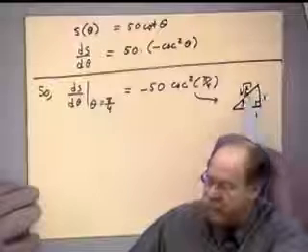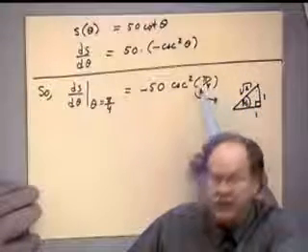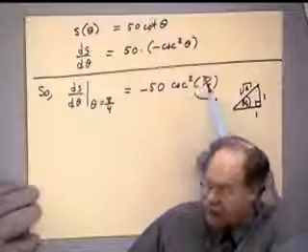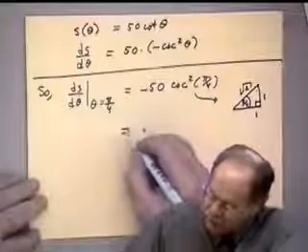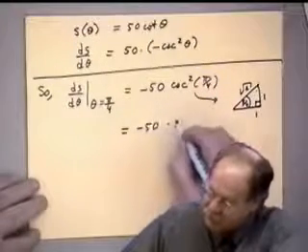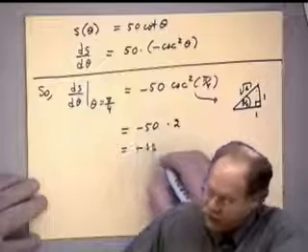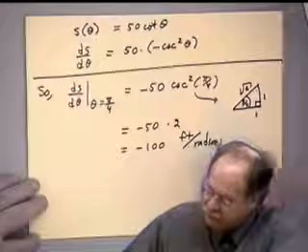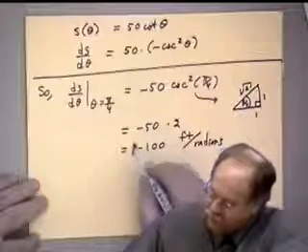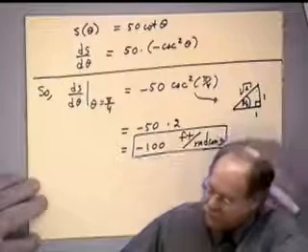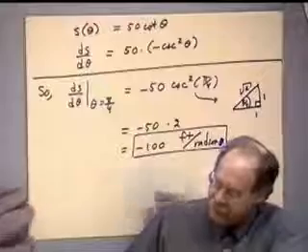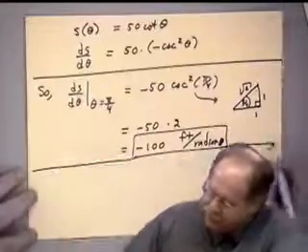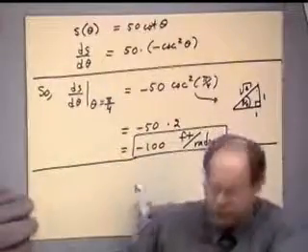So the sine is 1 over square root of 2, which makes the cosecant square root of 2. And if I square it, I just get 2. So this becomes minus 50 times 2, which in the end is minus 100 feet per radian. Or you could say feet per radians, either way. And that is the solution to the problem as far as we're concerned.